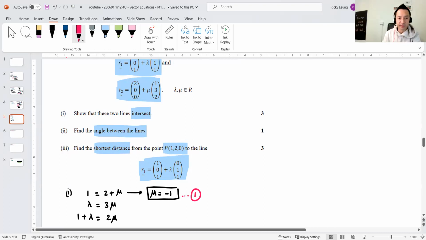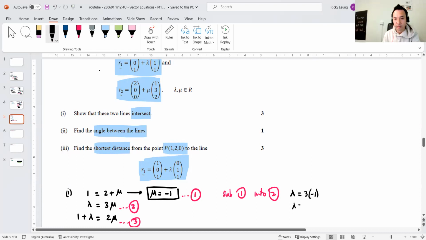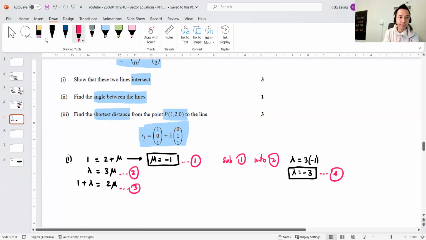And if mu equals -1, I should call this 2, call this 3, sub that into 2, I get lambda equals 3 times -1, lambda equals -3. Okay, cool. Call that number 4. Then sub 1 and 4 into 3.